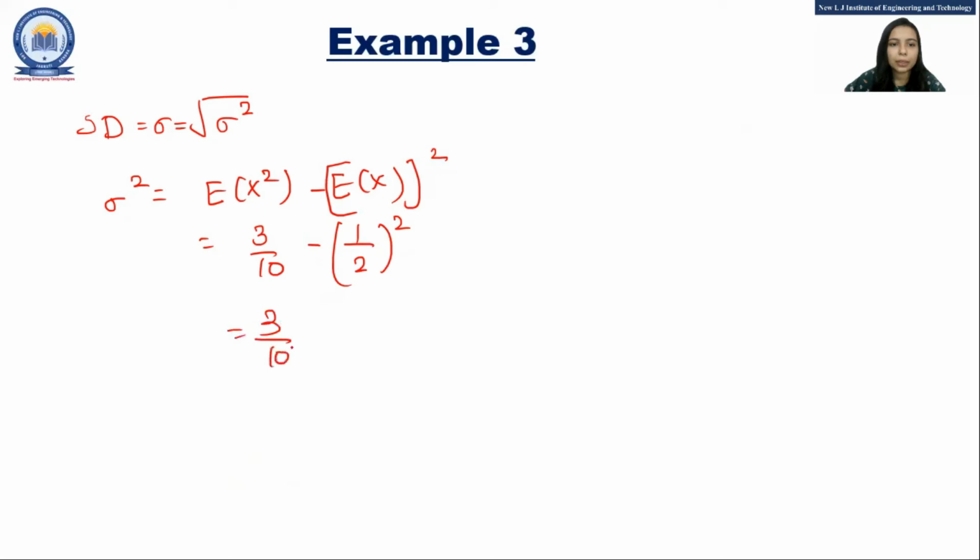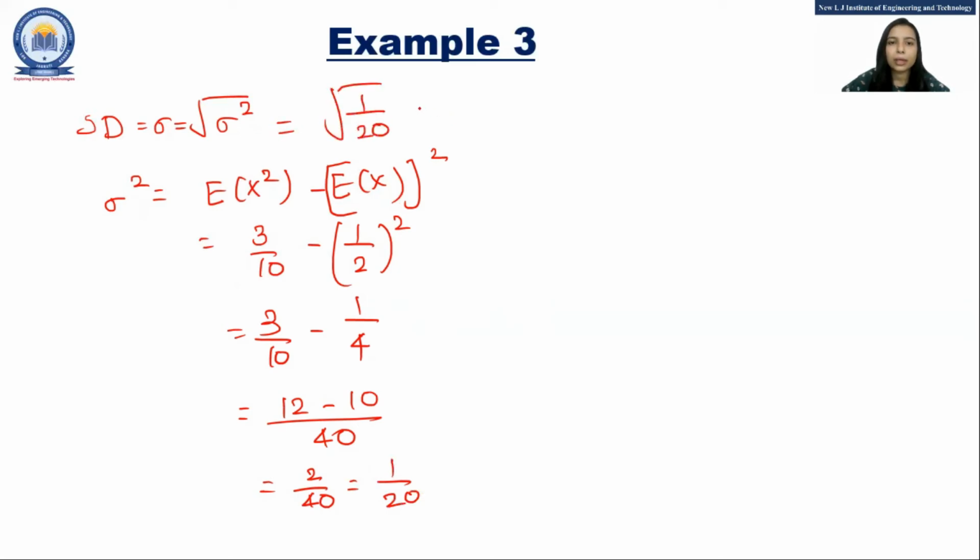So 3 by 10 minus 1 by 4, which is equal to 12 minus 10 divided by 40. So the answer is 2 by 40, which is equal to 1 by 20. So this is nothing but square root of 1 by 20. So that is equal to 1 by 2 under square root of 5. So this is about the standard deviation.